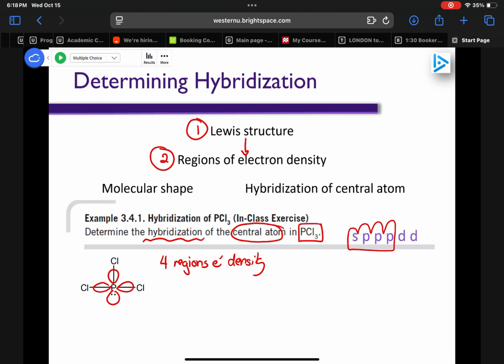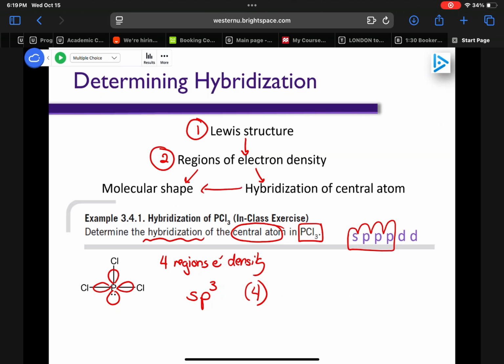If I want 4 hybridized orbitals out, I put 4 atomic orbitals in, which means I'm going to make sp3 orbitals, and that means I'm going to make 4 of them. So what's the hybridization of the central atom? Well, that central phosphorus atom is sp3 hybridized. And we did that directly from the regions of electron density.